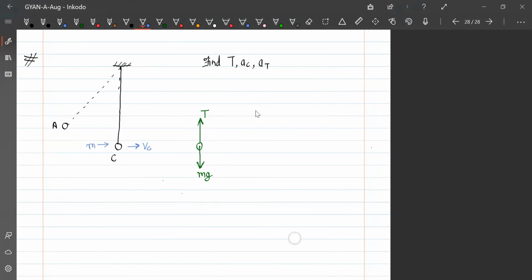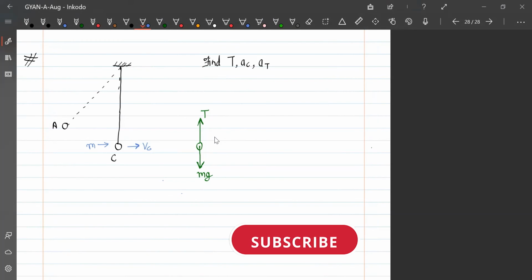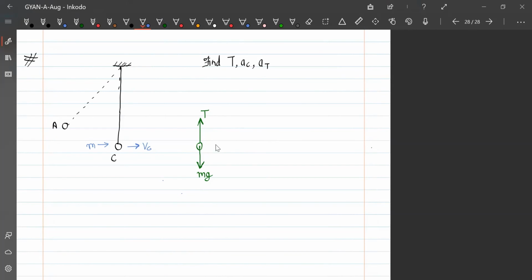Correct. And centripetal acceleration, where will it act? Sir, one minute. Yes sir, it will be towards the right side.